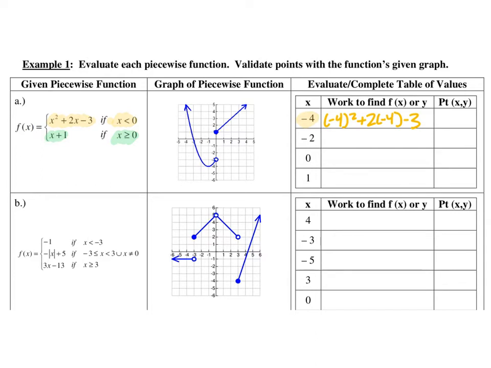Now let's take a look at the next one, -2. -2 is less than 0, so that one also goes into the top subfunction. -2 squared plus 2 times -2 minus 3.